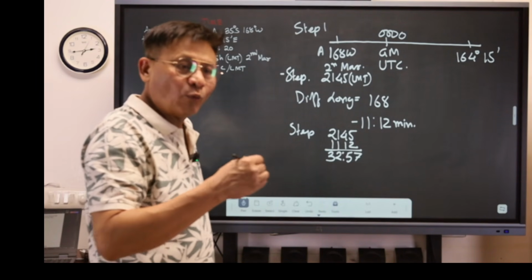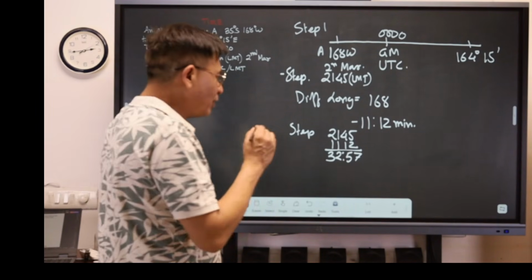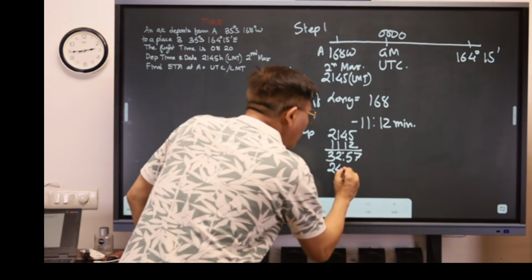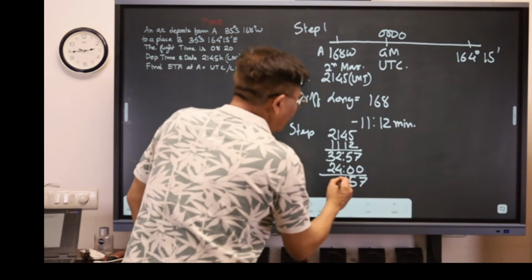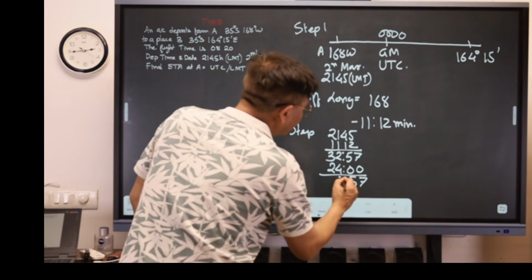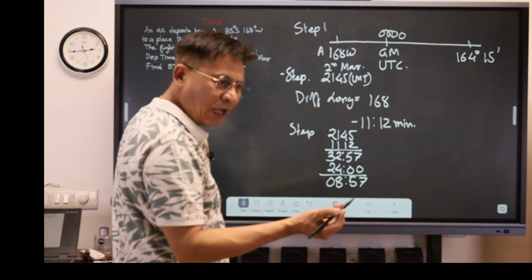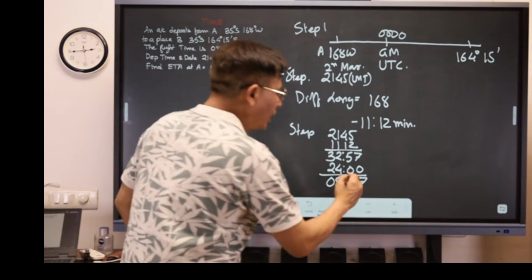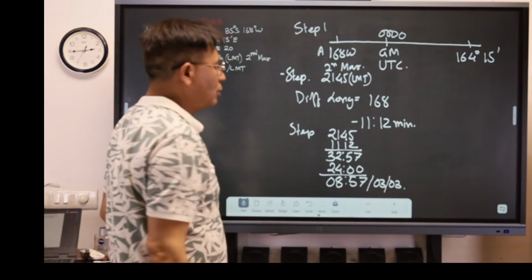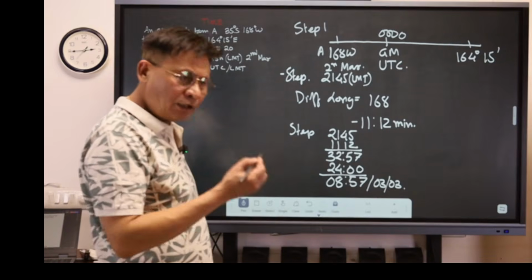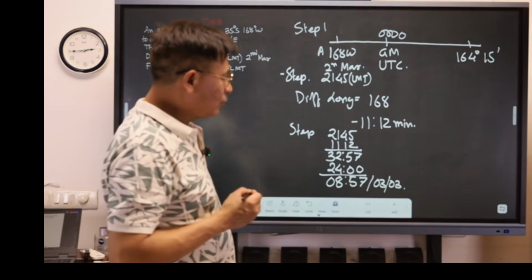That means 1 day has already lapsed, because it is more than 24 hours. So I need to subtract 24 hours, and that gives 0857. It is going to be at UTC timing 1 day later, so it is going to be on 3rd of March. So the time of departure in UTC is 0857 on 3rd of March. So now I know the time of departure.